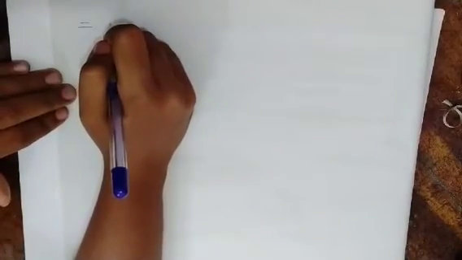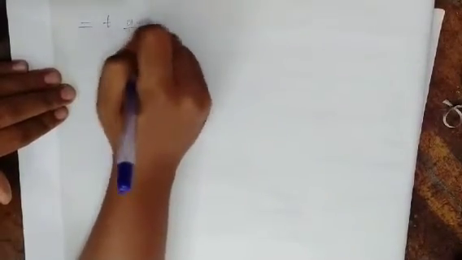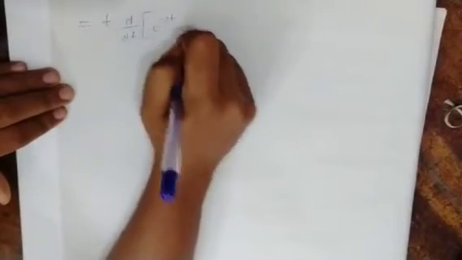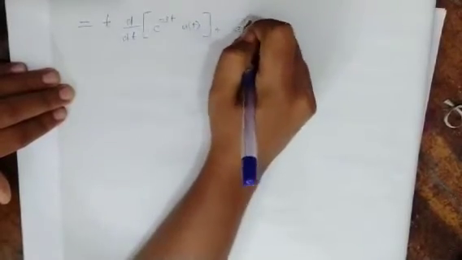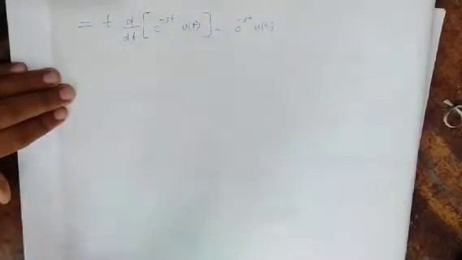So I am not going to write that. I am rewriting it over here, that is t into d by dt of e raised to minus 3t u of t plus e raised to minus 3t u of t.